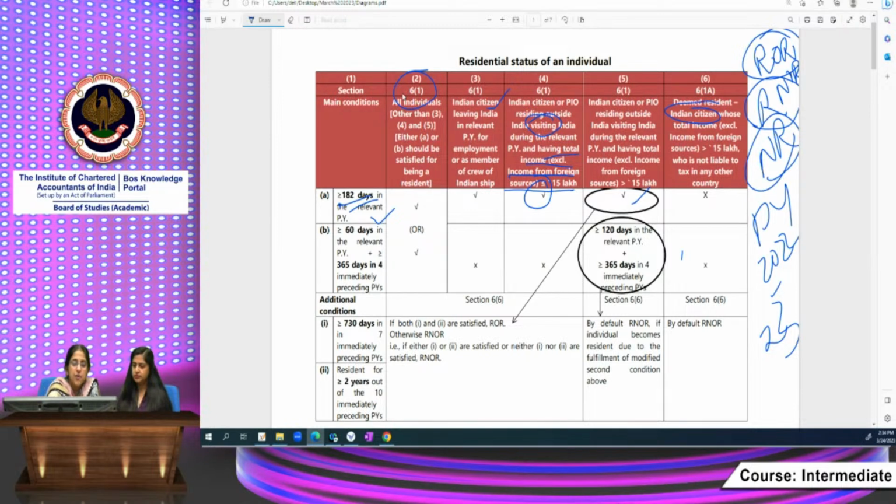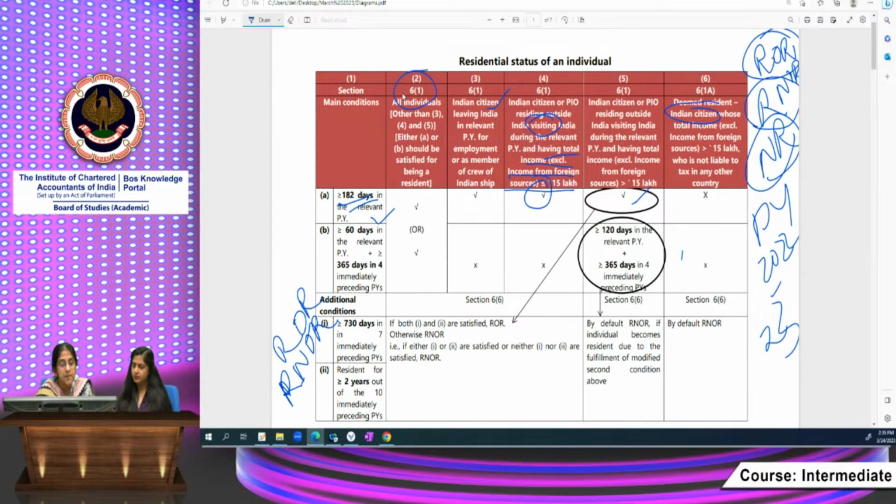Now, for ROR, RNOR status, what do we see? Additional conditions are greater than or equal to 730 days in the 7 immediately preceding previous years. He should have stayed in India for 730 days or more in the 7 immediately preceding previous years.